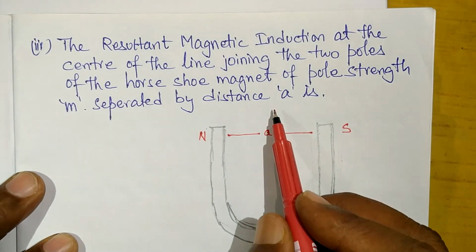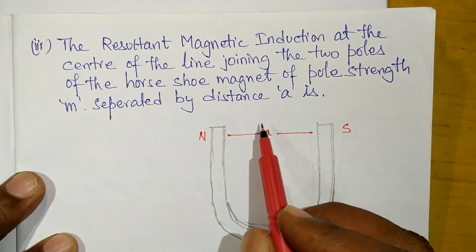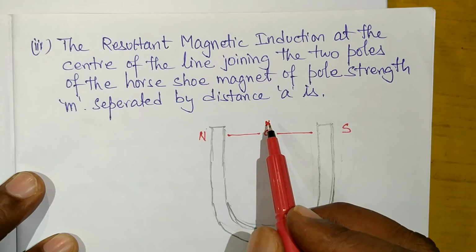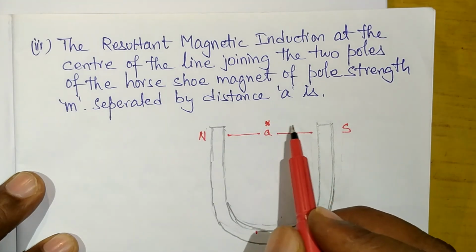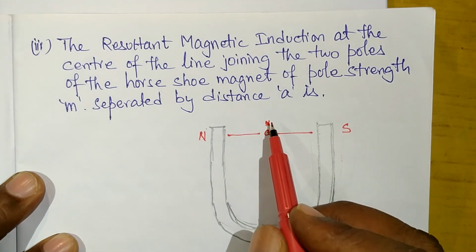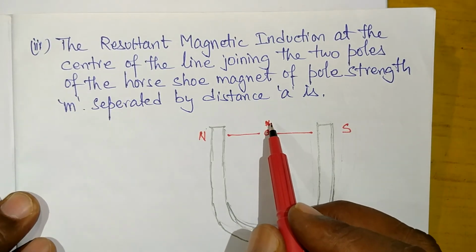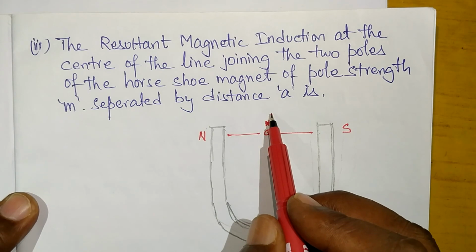We have to find the resultant induction at the center of the line joining the two poles of the horseshoe magnet. So to find the resultant magnetic induction, I will place a unit north pole.